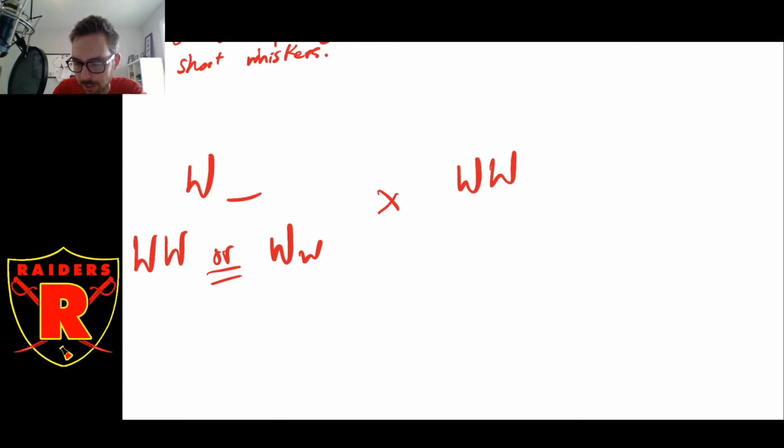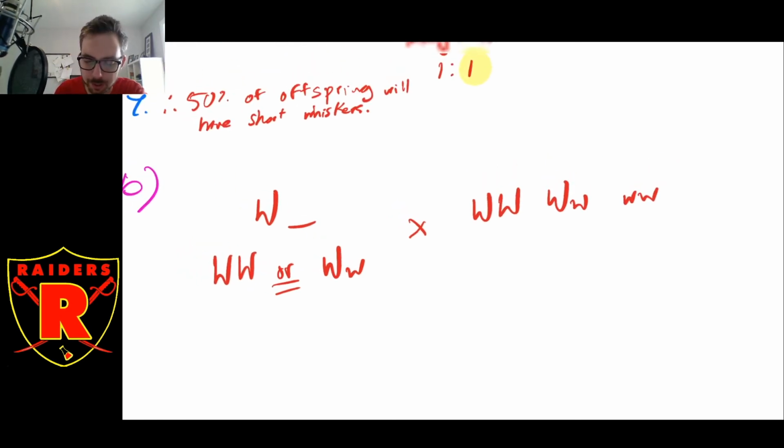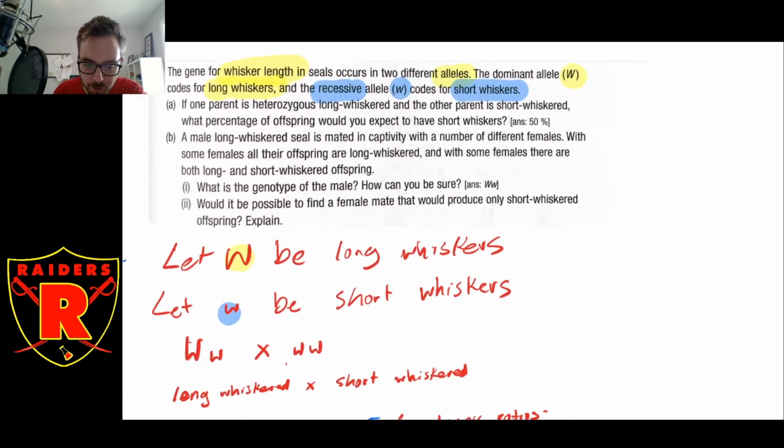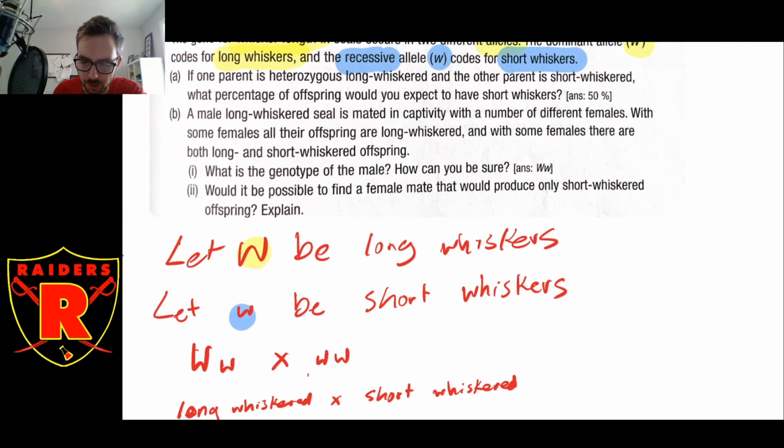Some of them are going to be this, some of them are going to be this, and some of them are going to be this. Some of them are short-whiskered; that's what it's saying in the question. So this one male over here is mating with any potential female, one of all of these. And then what do we know about the offspring? It says some females are there.